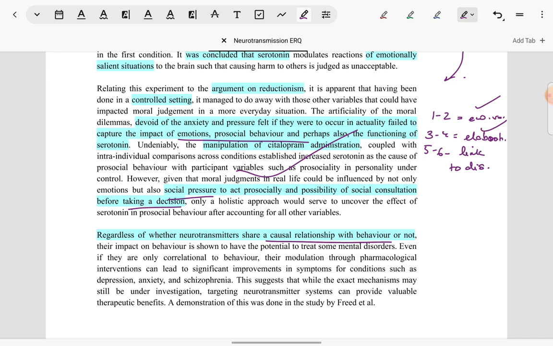Rather, they should be done, and the reason why they should be done is what I'm bringing about in this argument, because they have the potential to treat mental disorders. Here I have picked up the study by Freed et al., which shows how these neurotransmitters can be modulated by drugs, and that can help to overcome a problem as serious as Parkinson's disease. And I'm sorry, it's not by drugs, it is by transplantation of stem cells.